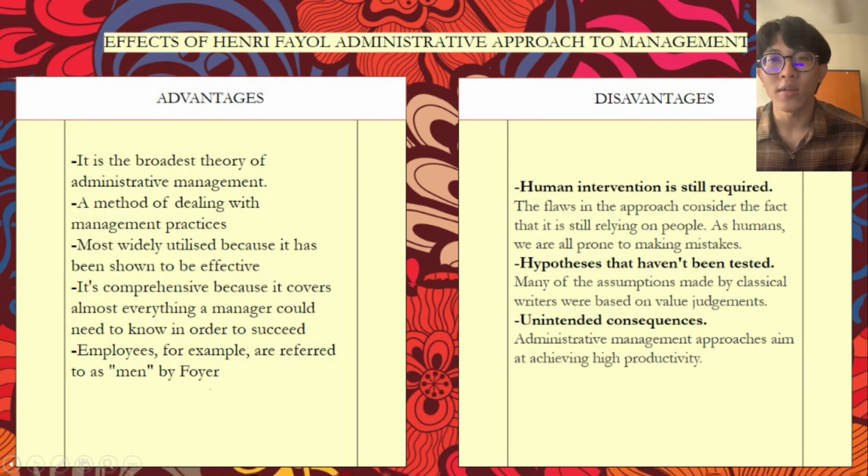And you can tell Fayol was writing over a century ago by looking at the terminology he used. Employees, for example, are referred to as men by him. He shows respect to his employees and encourages them to work better.